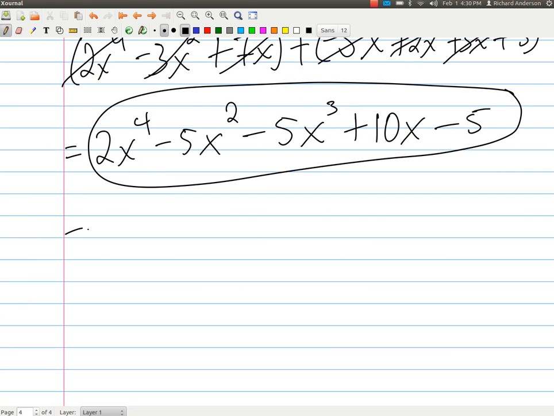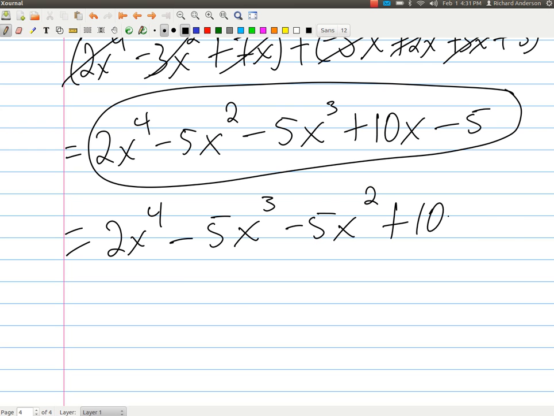Now, in the event that Course Compass says it must be in descending form, that means that they want the largest exponent term first, working its way down to the smallest exponent term, or just plain number in our situation here. So if it wanted it in standard form or descending form, we would have 2x to the fourth minus 5x to the third minus 5x squared plus 10x minus 5.